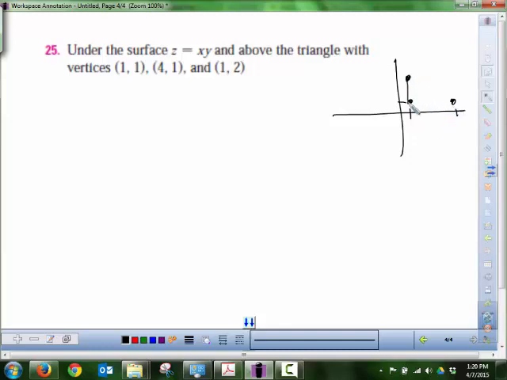So it's a nice right triangle. So really the only function I think I need to look for is that hypotenuse, because I know that one of the legs here is y equals 1, and here x equals 1. So we just need to find the equation of this thing.